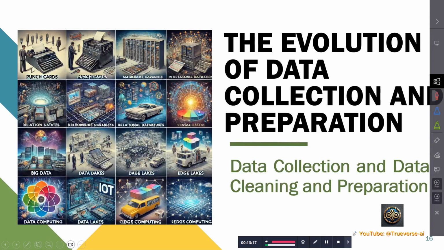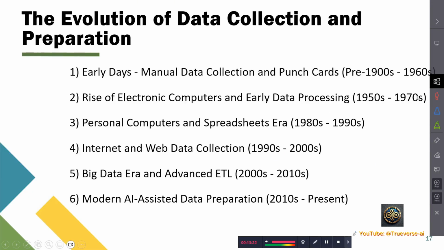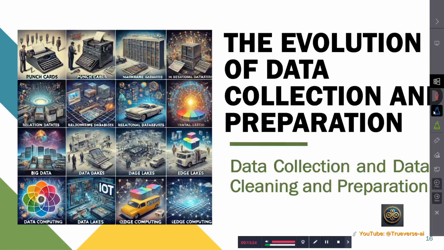Before going inside, I would like to give you one question. How have data collection methods evolved over time? Pause and think. Answer: you can see from the image which I put, the evolution.